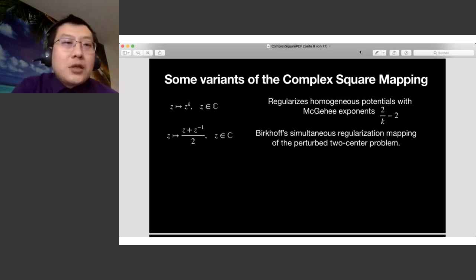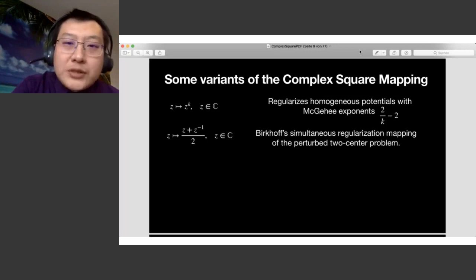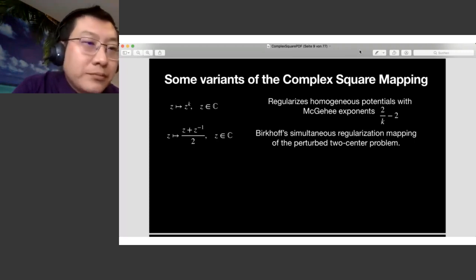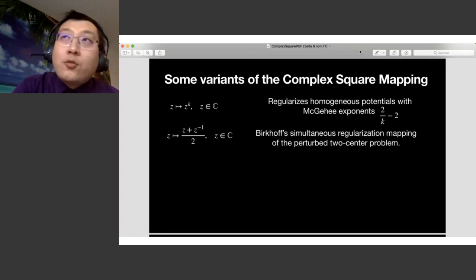Then this is another variant, which was used by Birkhoff to simultaneously regularize the two double collisions of a perturbed two-center problem, for example the restricted three-body problem. This mapping fixes two points, 1 and minus 1, while z to z squared fixes the point 0.